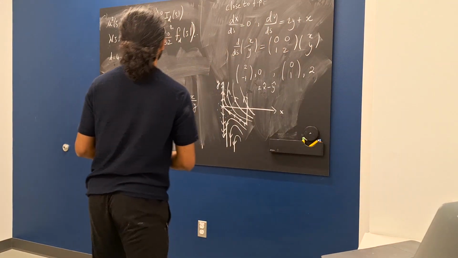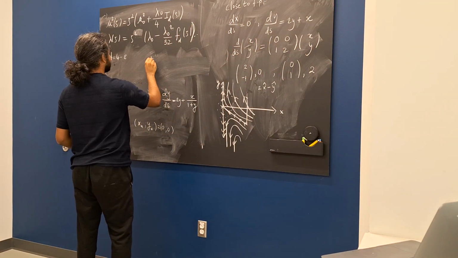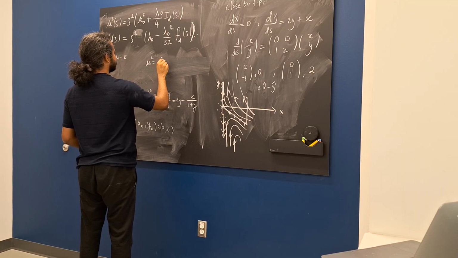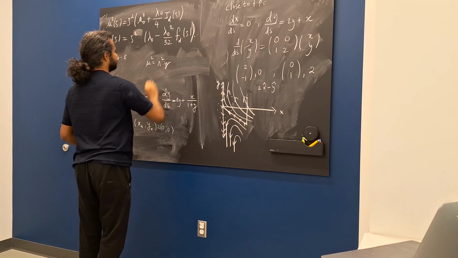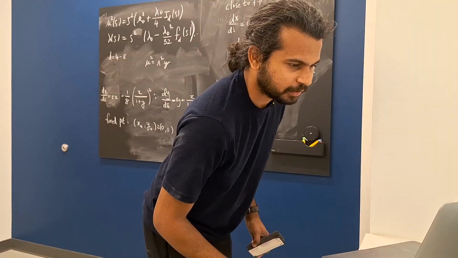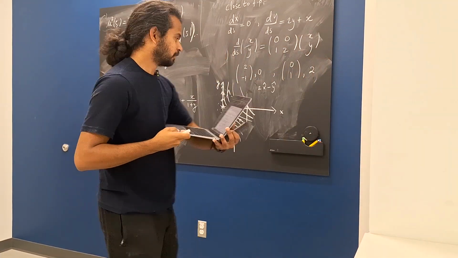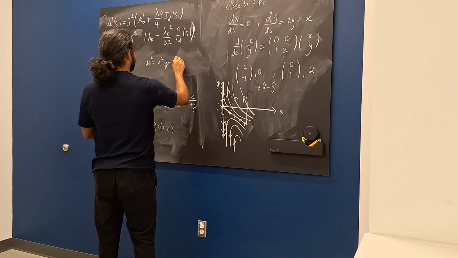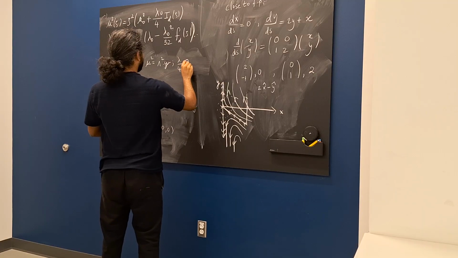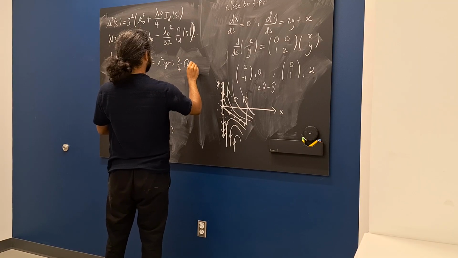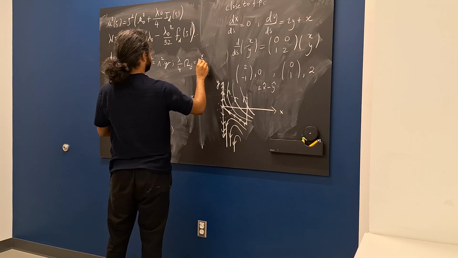Well, let me just write this too. So the variable changes are mu square equal to lambda square x, y like before, and lambda by 4 omega d is equal to lambda epsilon x.